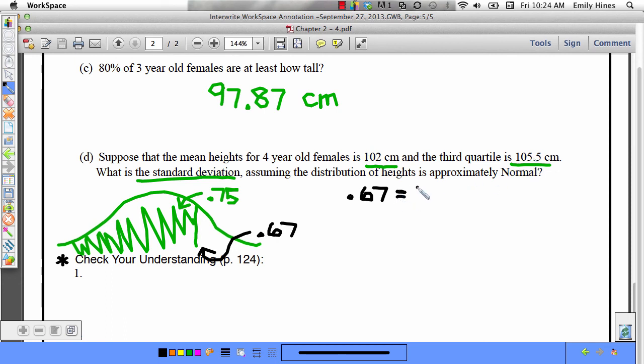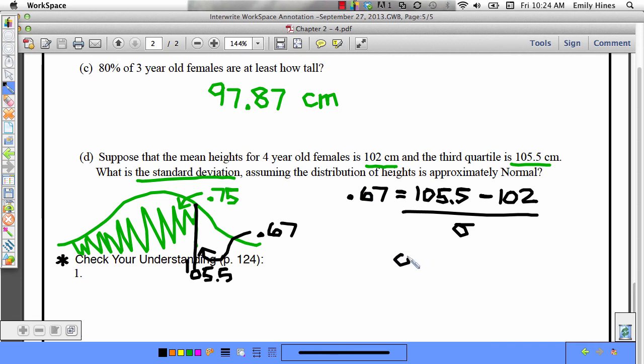I know that my third quartile, the boundary value, is 105.5. That's my data point. The mean is 102. I need to solve for the standard deviation, so I multiply by the standard deviation and then divide by 0.67, and I get a standard deviation of 5.19.